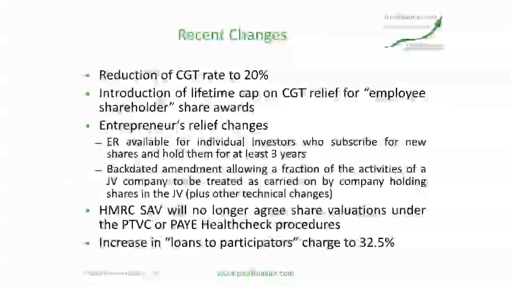Going to skim over a couple of more technical changes now. Entrepreneurs Relief. Entrepreneurs Relief is now available for individual investors who subscribe for new shares in a company and hold them for at least 3 years, intended to encourage long-term share ownership by investors.